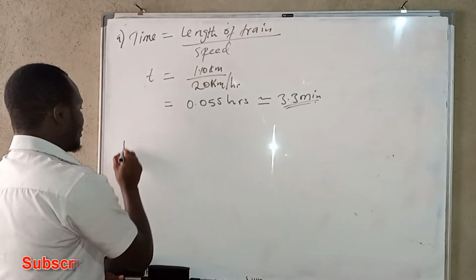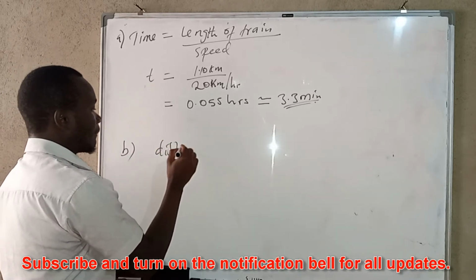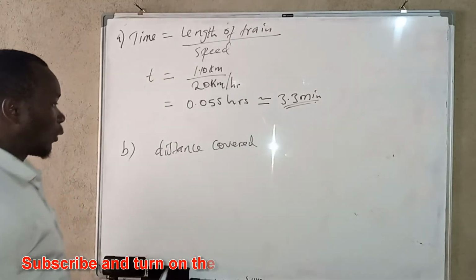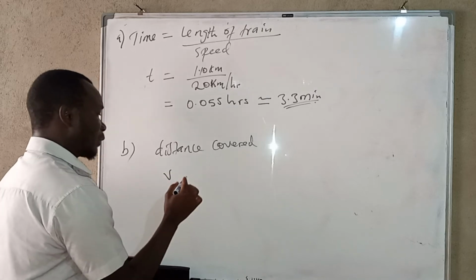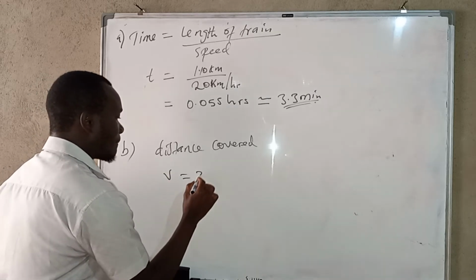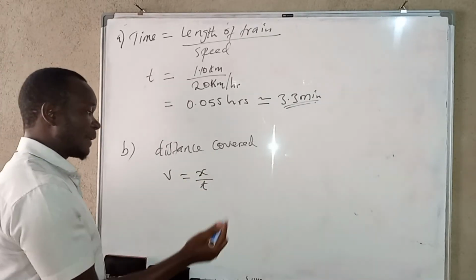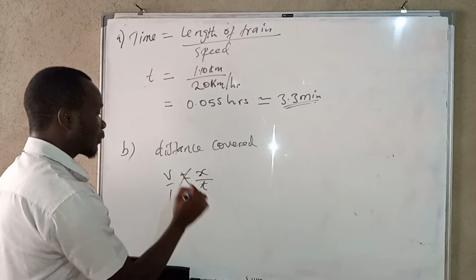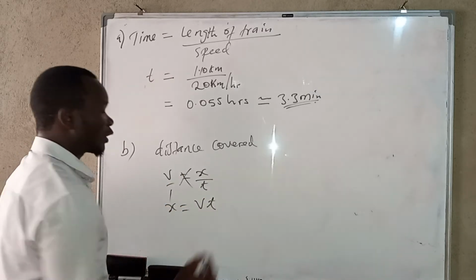We know that this is B, the distance covered. Now, we know that velocity is equal to displacement over time, or speed is equal to distance over time. If we make x the subject, by cross multiplying, we're going to get x is equal to vt.